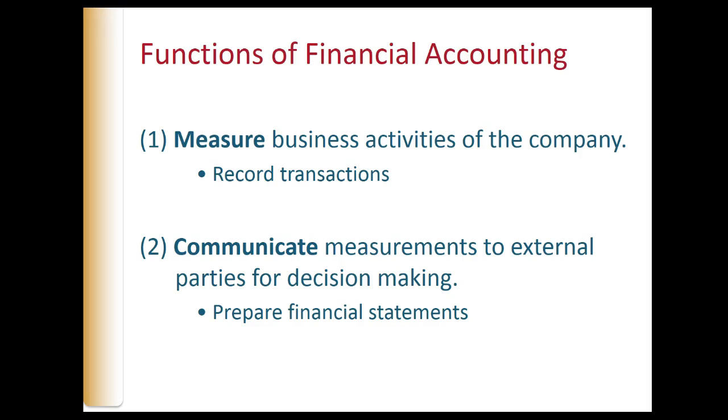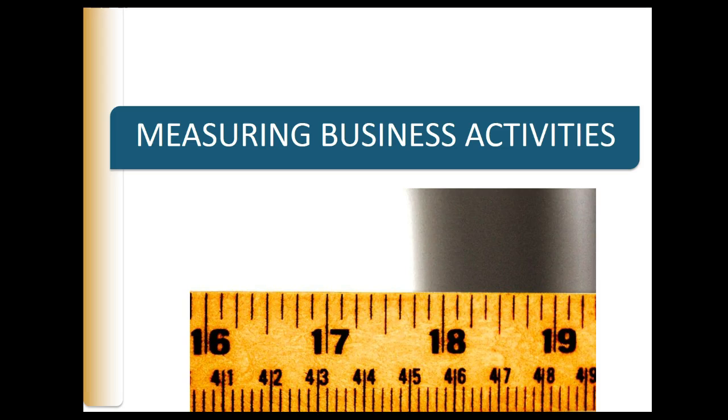And we communicate that information to parties by preparing financial statements. In this chapter, we are going to focus on procedures related to measuring business activities during an accounting period. In the next chapter, we're going to complete this accounting cycle that we're starting in this chapter by examining remaining procedures that occur at the end of each period.